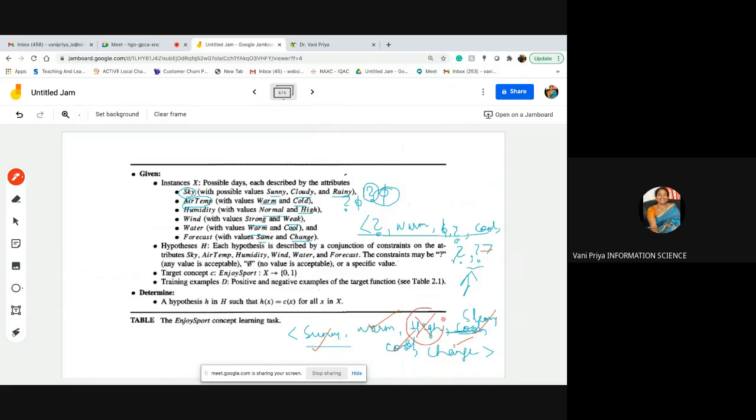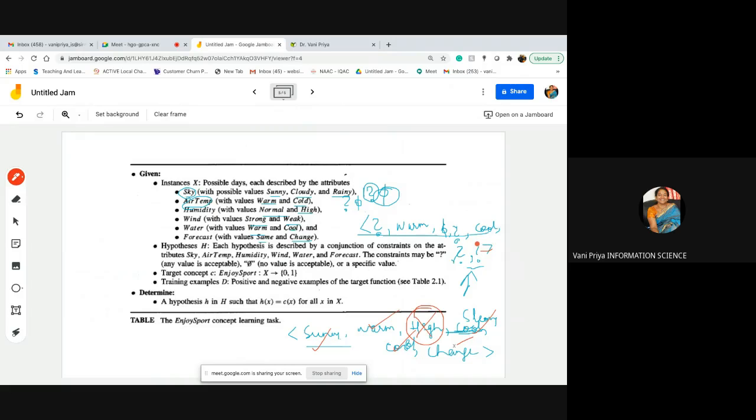But since the humidity value is not matching the hypothesis, what is the hypothesis? We established the hypothesis based on the training examples. The sky value is anything, air temperature is warm, no value is acceptable for humidity, wind is anything, water must be cool, and forecast is anything.